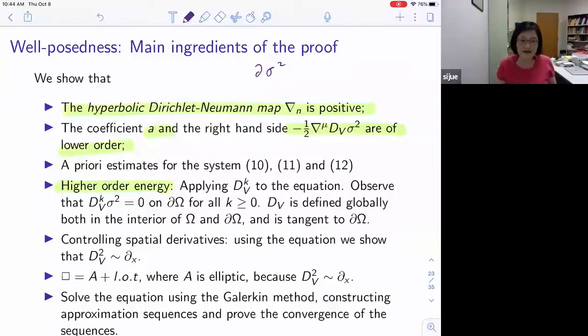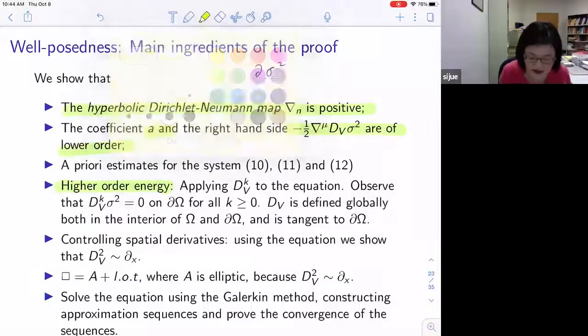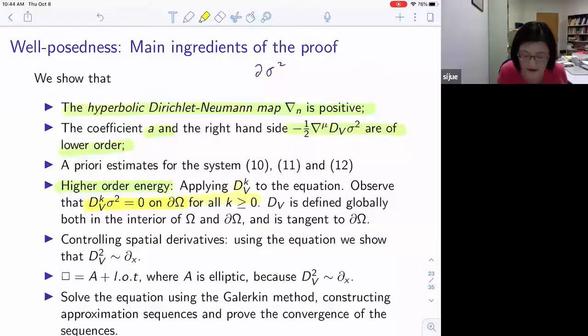But if I take a material derivative dV of sigma, I can take as many as I want. I still have its boundary value equal to 0. So the boundary value of all the higher material derivatives of sigma squared equals 0, right?